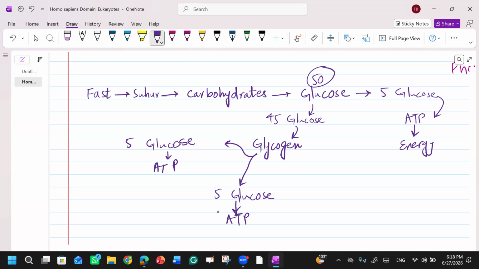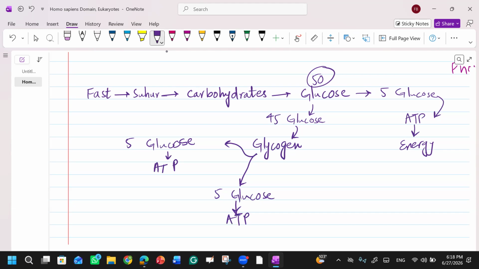And that's why we say a person can survive without water for 3 days. I don't remember the exact days, but without drinking it's 7 days, and without eating it's 3 days.